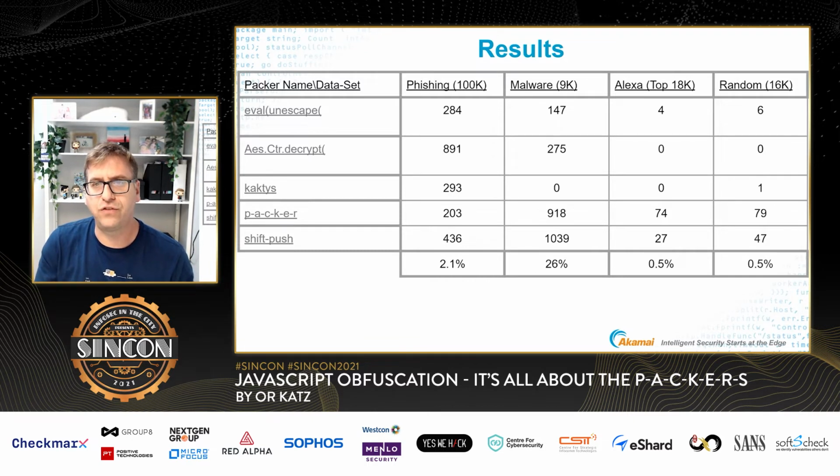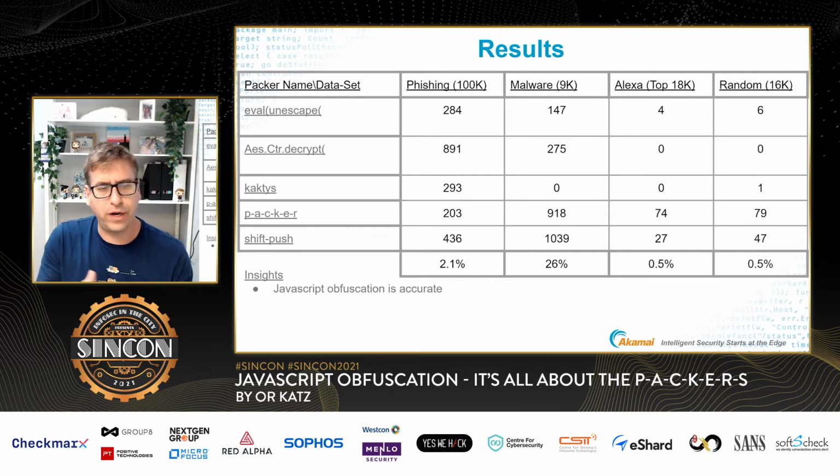That was a very interesting thing to see. More than that, Alexa and random are 0.5%, which is not a high number. It's definitely lower than those classified as malicious, but it's still a number that we need to address. Here are some insights, right? Let's go into that. So JavaScript obfuscation is accurate. That's the first result that I was able to see.